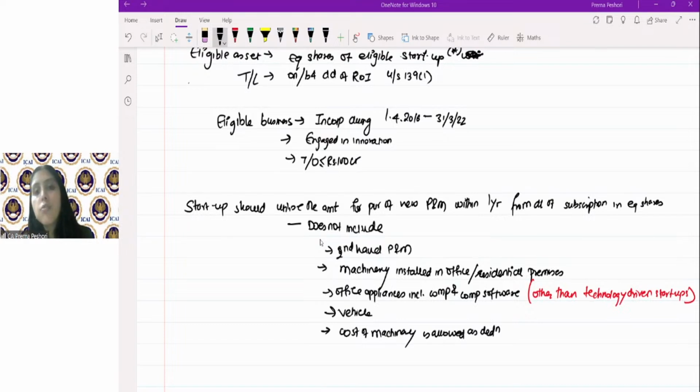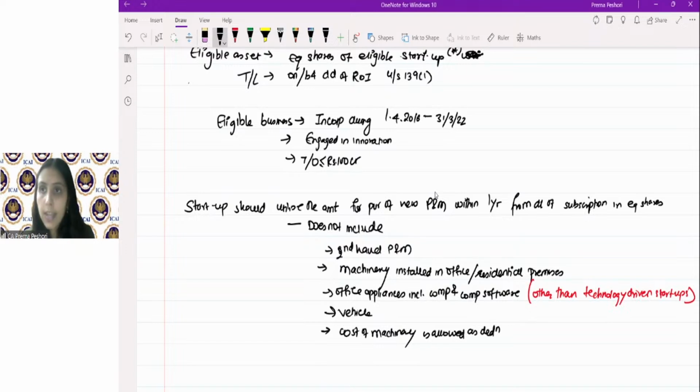So the net sale consideration has to be subscribed for the equity shares in the eligible startup, and it should be utilized for the purchase of plant and machinery. The time limit is within 1 year from the date of subscription.